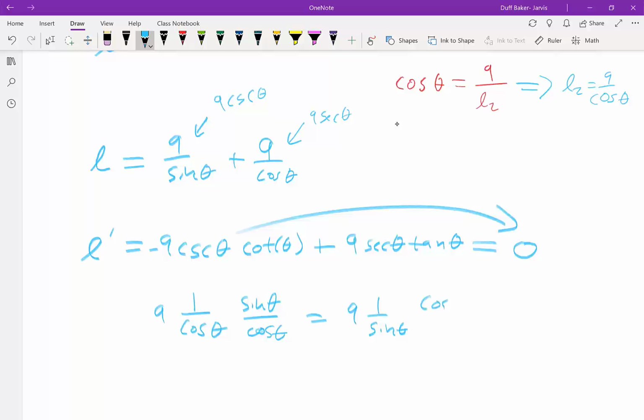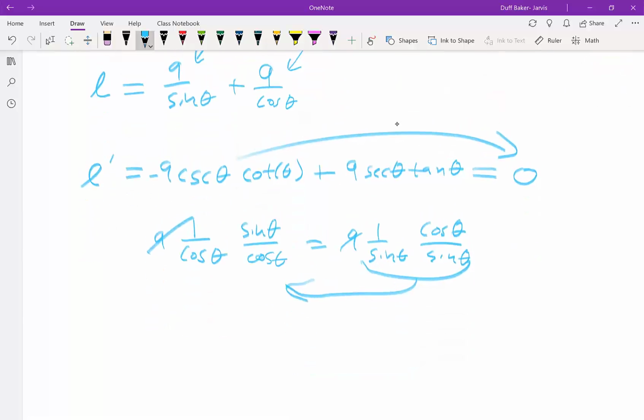Cotangent is cosine over sine. And then let's try to get everything on one side. So we can cancel the 9s out. And then I'm going to basically move all the trig functions over here.